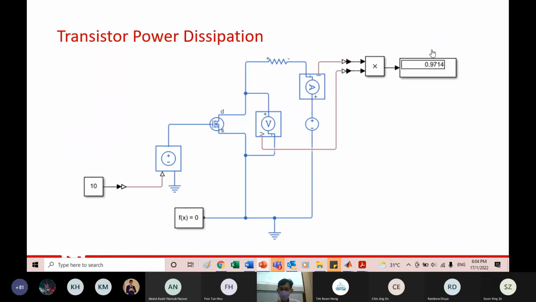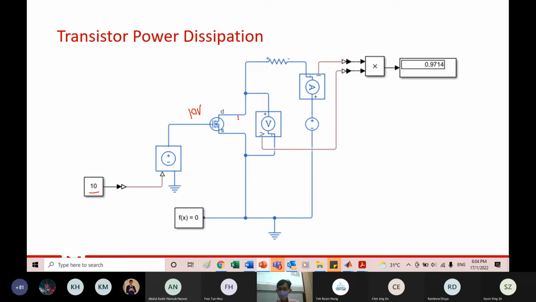All right. So now if we look at a simple power dissipation Simulink here. Now we apply 10 volts in this VGS, and then we measure the voltage across the DS.